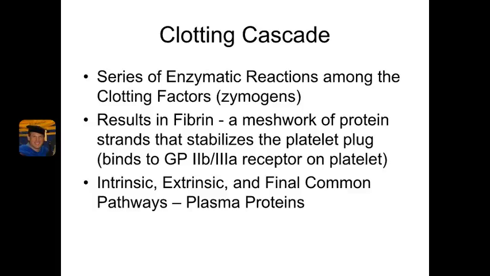Sometimes the A side is active, sometimes the B side is active. In the clotting cascade, the A side is always the one that's going to be the active side. Sometimes the B side will have another effect, such as increasing inflammation, but the A side is the part that does the work in terms of allowing the clot to form.